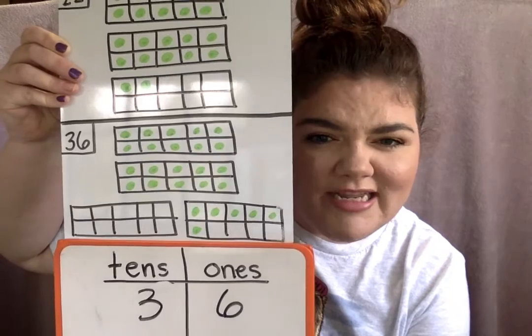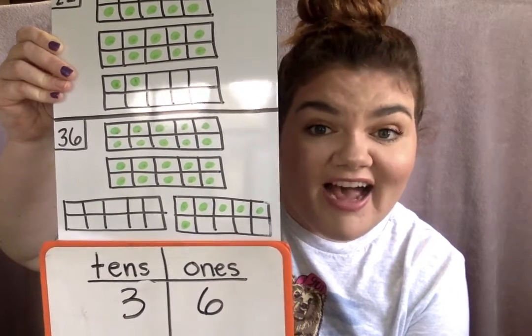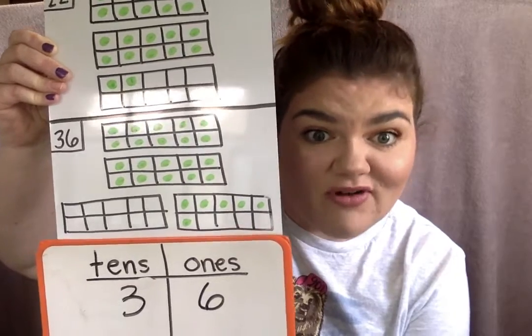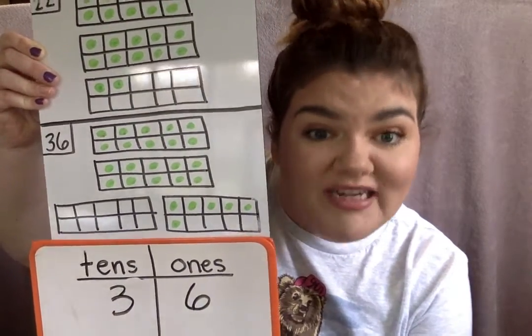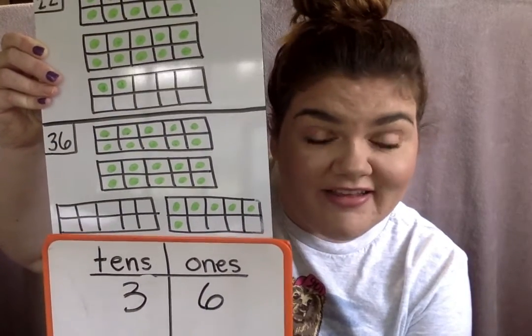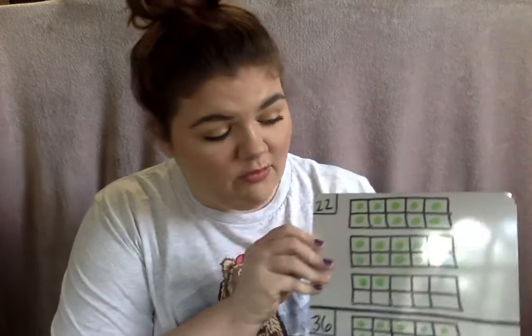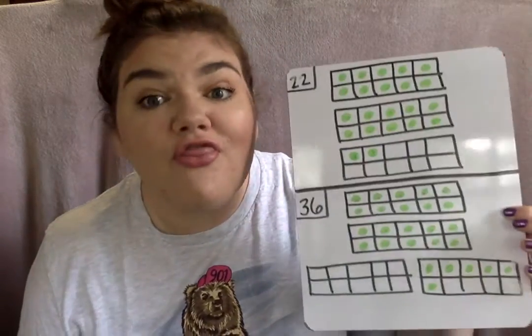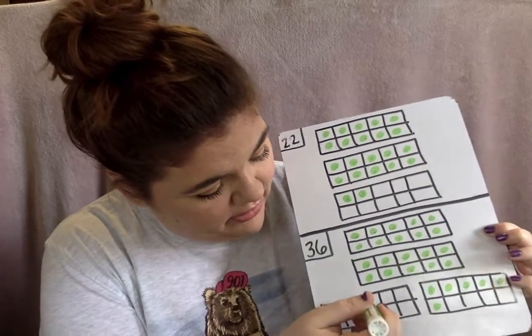So what do I need another of? Yeah, I need another 10, right? I only have 2 10s. I need one more 10 because I need 3 10s to make 30. So I'm going to get my pen and I'm going to make 30 by making another 10.